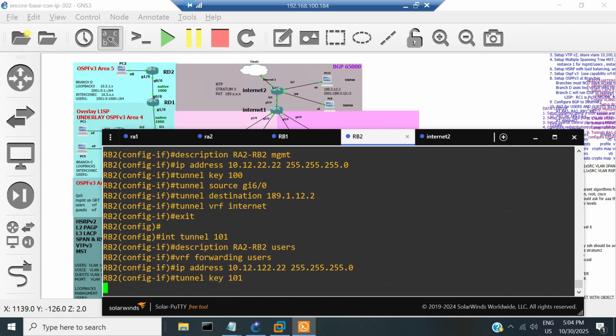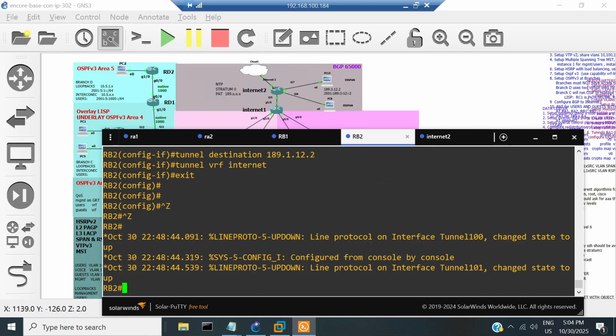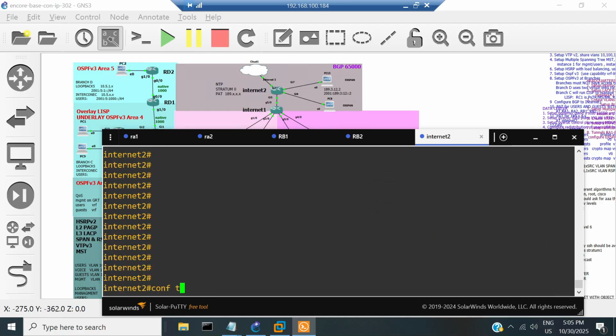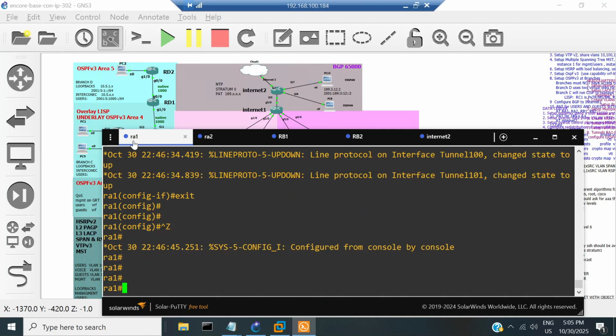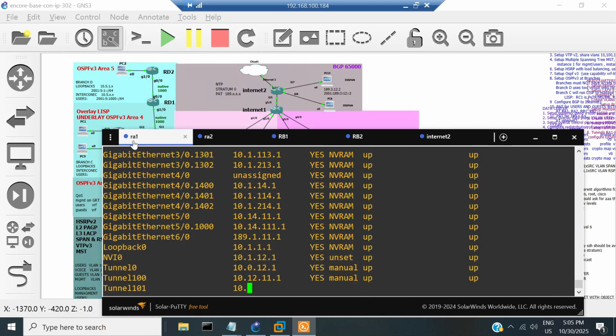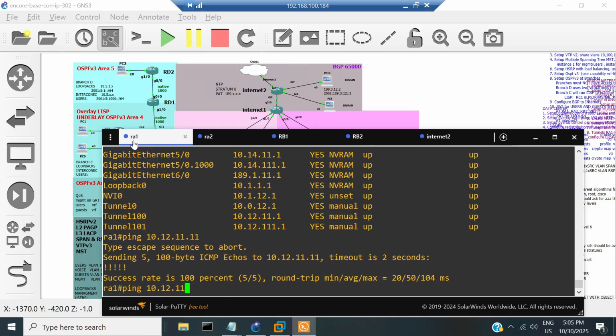Let's go for router B2, and finally for the router Internet 2, we only have one tunnel. Okay, so far so good. Tunnels should be up now. So if I ping the other side for tunnel 100 and for tunnel 101, this lives in the VRF users.